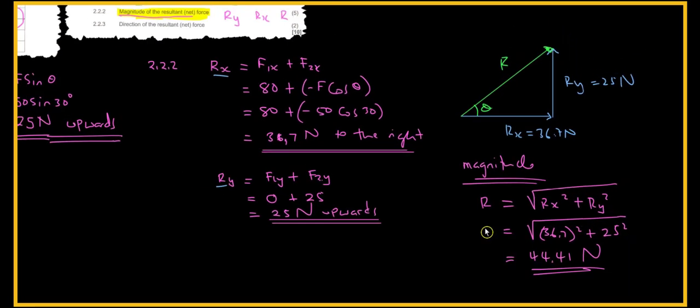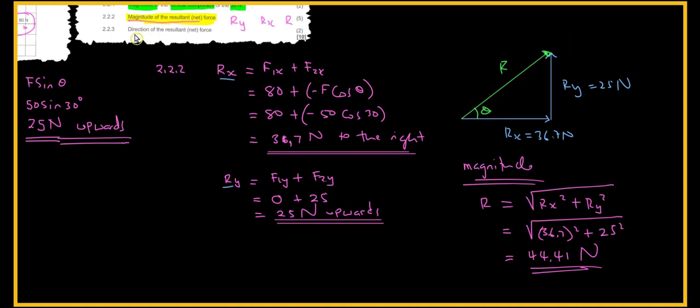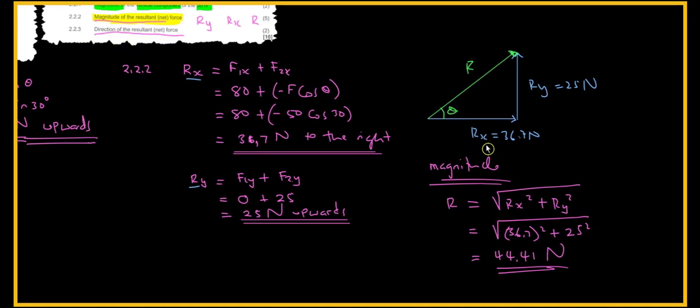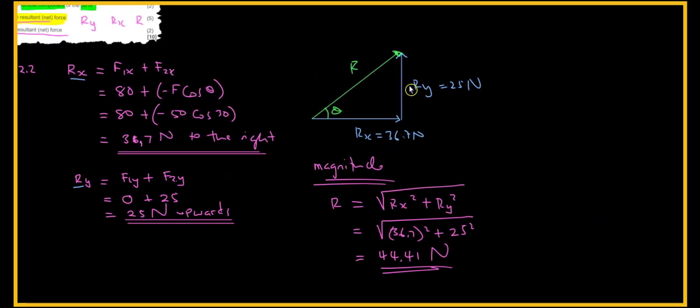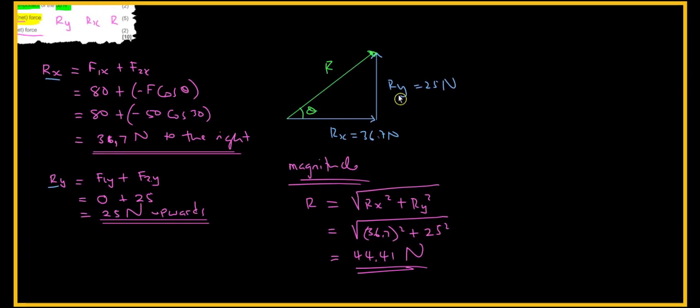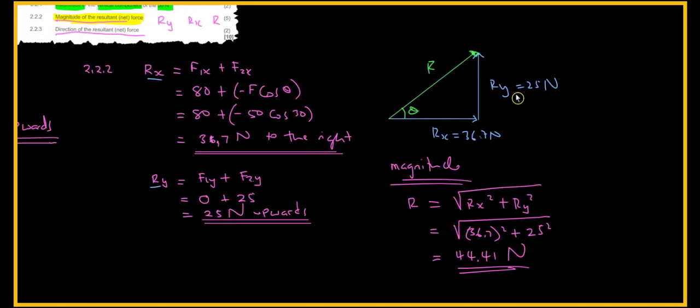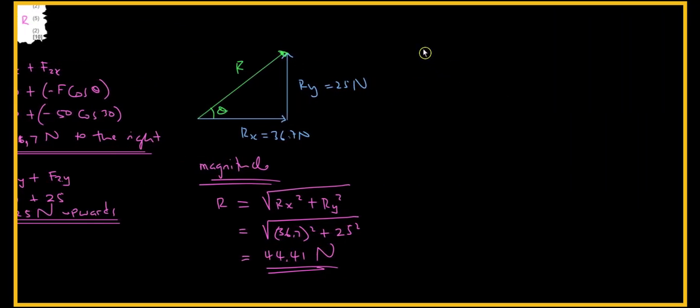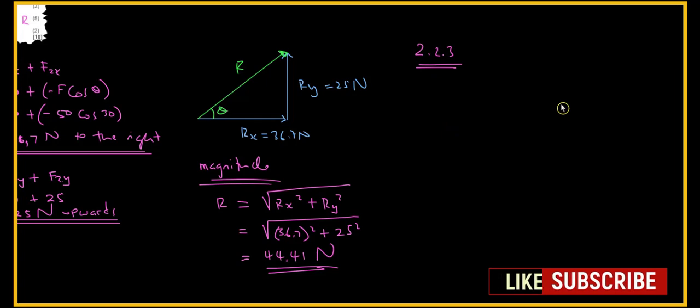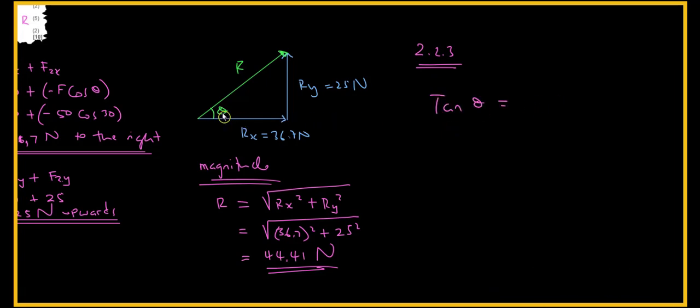Next up, the question is asking for the direction of the resultant, meaning that they want this angle here. So remember, this angle will depend on how you draw your triangle. Right, so that's 2.2.3. For 2.2.3, I would say tan theta is equal to the opposite over the adjacent.